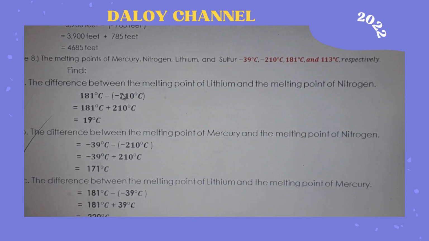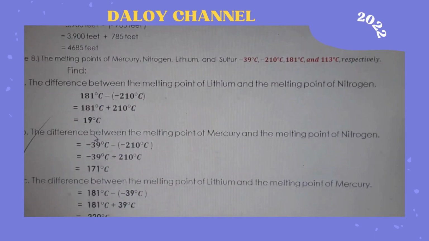By distributing the negative sign, it becomes positive 210 degrees Celsius, which will be directly added to 181. The sum of 210 plus 181 is 391 degrees Celsius. That is the answer.